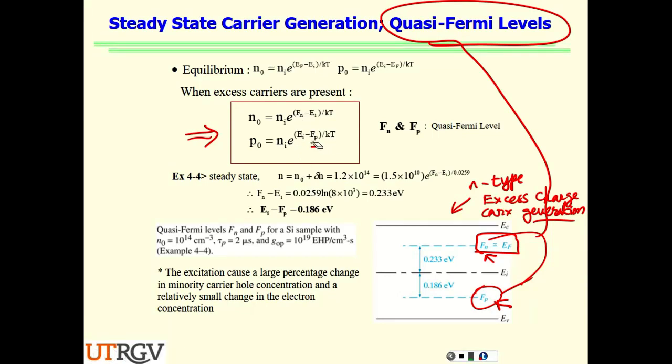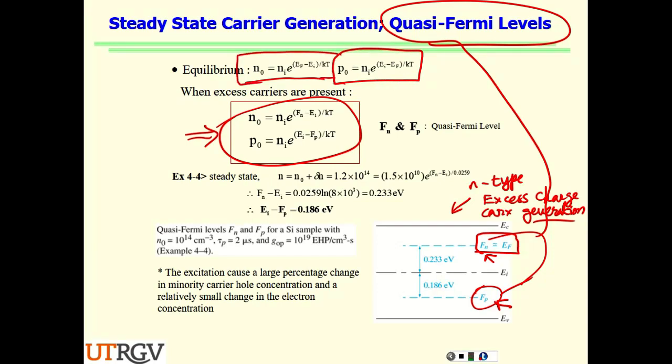So in this case, now we will be able to calculate exactly how many charge carriers are there at equilibrium. So we have to remember the same relationships that we have seen before, now updated when you have quasi-Fermi levels.